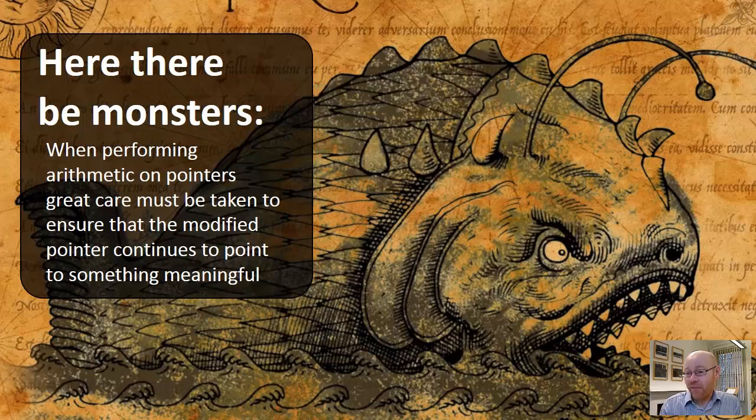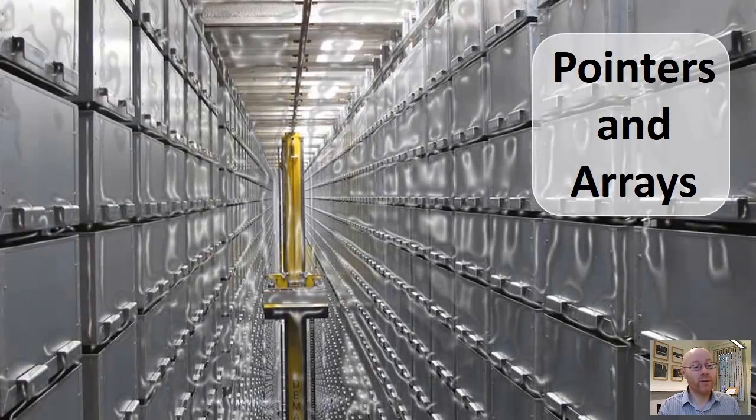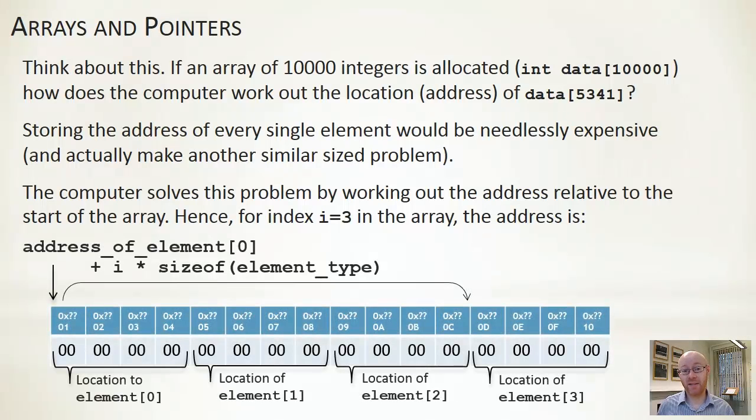Let's now finally explore pointers and arrays and see the commonality between the two of them. So if we have a big array, let's say in this case 10,000 integers, and I want to access the 5,341st element within that particular array, I've got a small challenge: how do I work out and get access to that particular address?